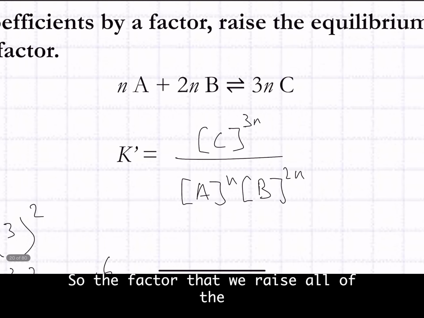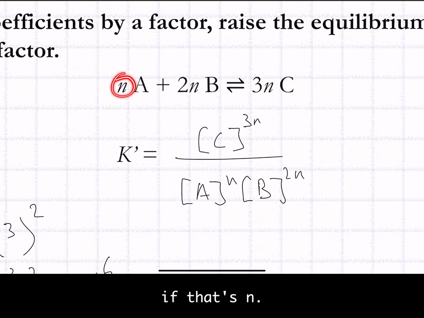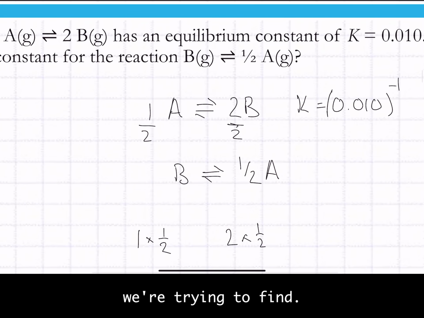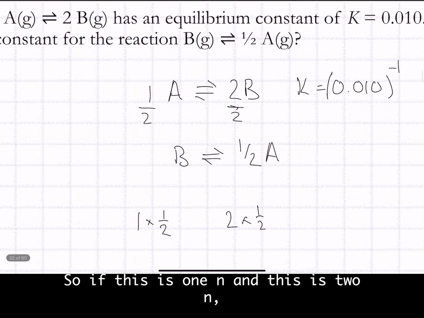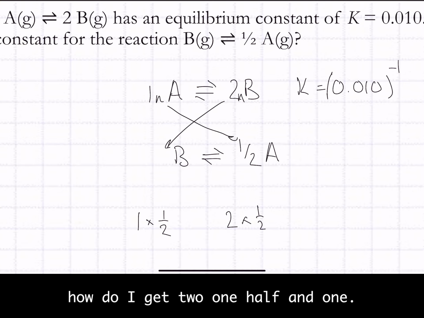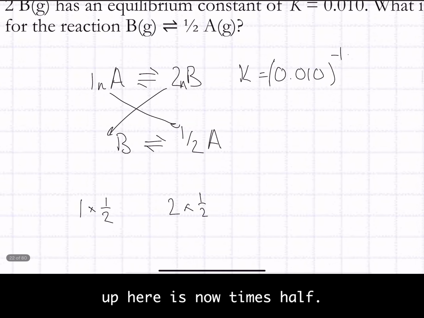So the factor that we raise all of these to, or that we multiplied or divided all of these by, if that's n, or like here, 2n, in the one that we're doing, the n is what we're trying to find. So if this is 1n and this is 2n, how do I get to 1/2 and 1? Multiply by 1/2. Because then our exponent up here is now times 1/2.